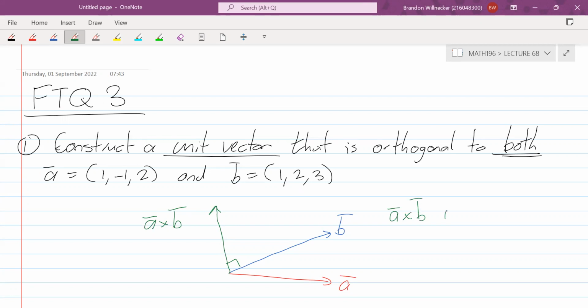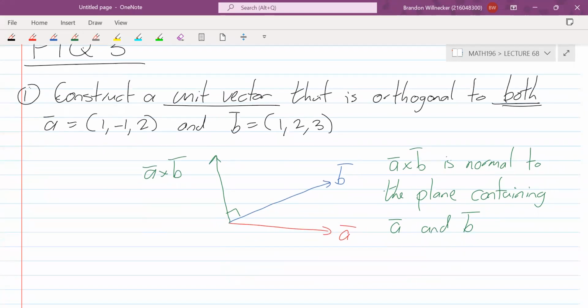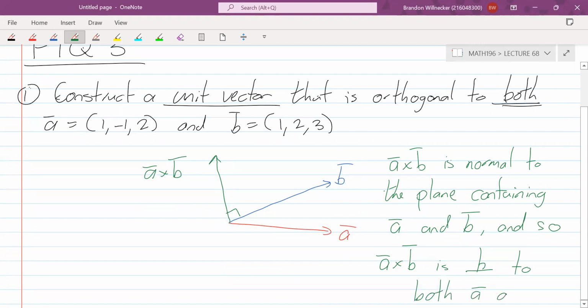So A cross B is normal to the plane containing A and B. If you want to imagine A and B in a plane, then A cross B is normal, and so A cross B is orthogonal to both A and B. That's the geometric picture that you should keep in mind.